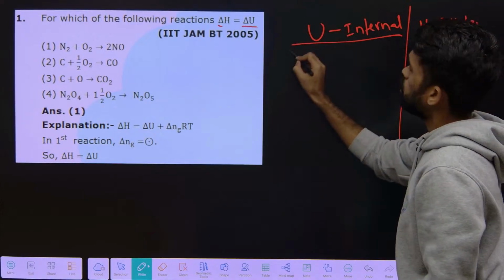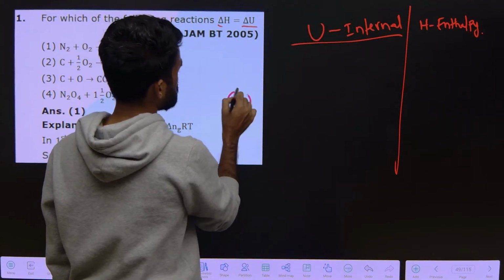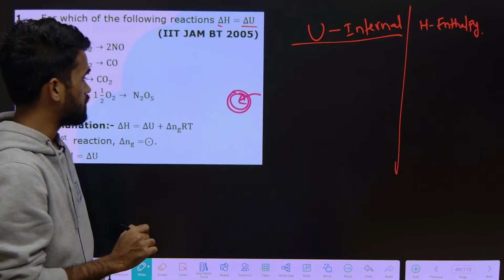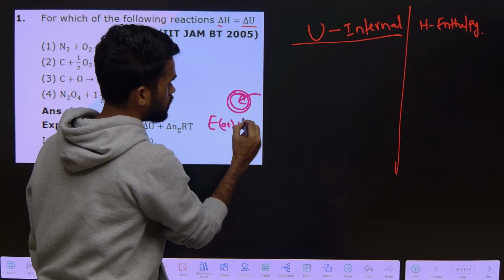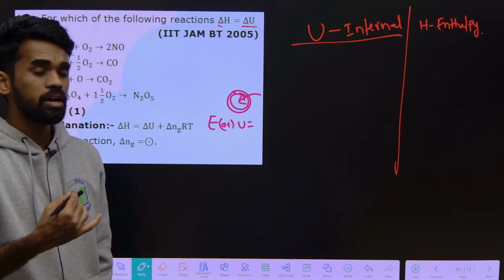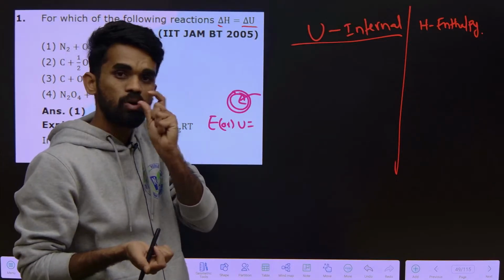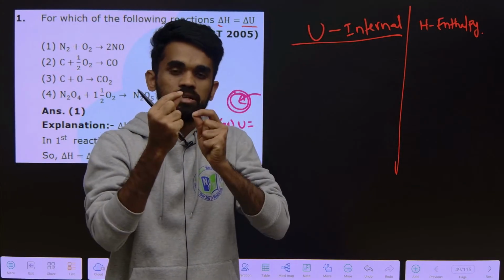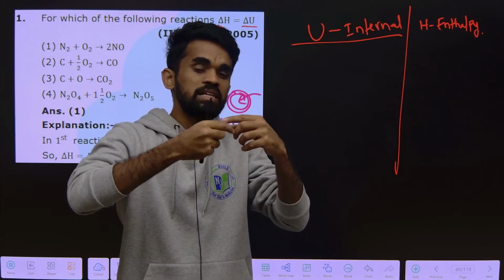Any system, any substance you take, there will be some energy associated with it internally, that is nothing but the internal energy, E or U, which equals the sum of its kinetic energy plus potential energy. It will have some molecules or atoms associated with vibrations, translations or rotations, and that will generate energy.